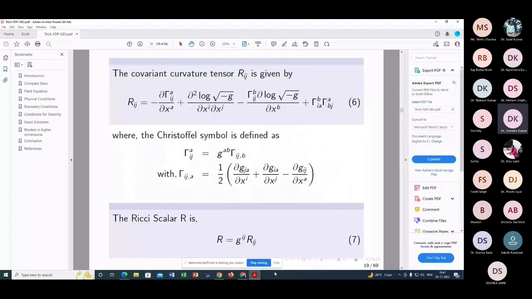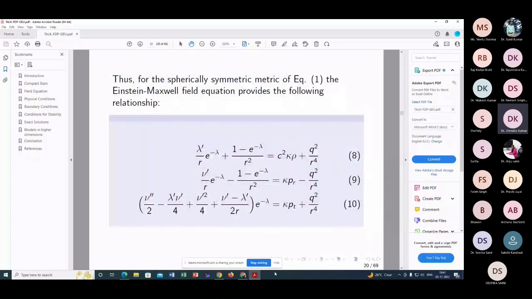These equations are known as Einstein-Maxwell field equations, because they contain the energy momentum tensor as well as the electromagnetic field tensors. If we remove the charge from these equations, then we have the Einstein field equations only.